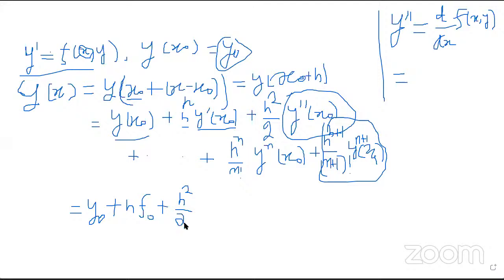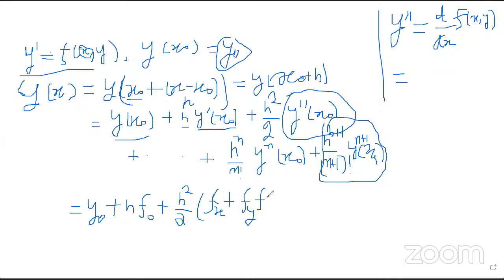So this is 2, and tell me what value we are getting for y double prime. So fx means partial derivative of f with respect to x into dx by dx, which is 1, plus partial derivative of f with respect to y into dy by dx, which means y prime, which is again f.